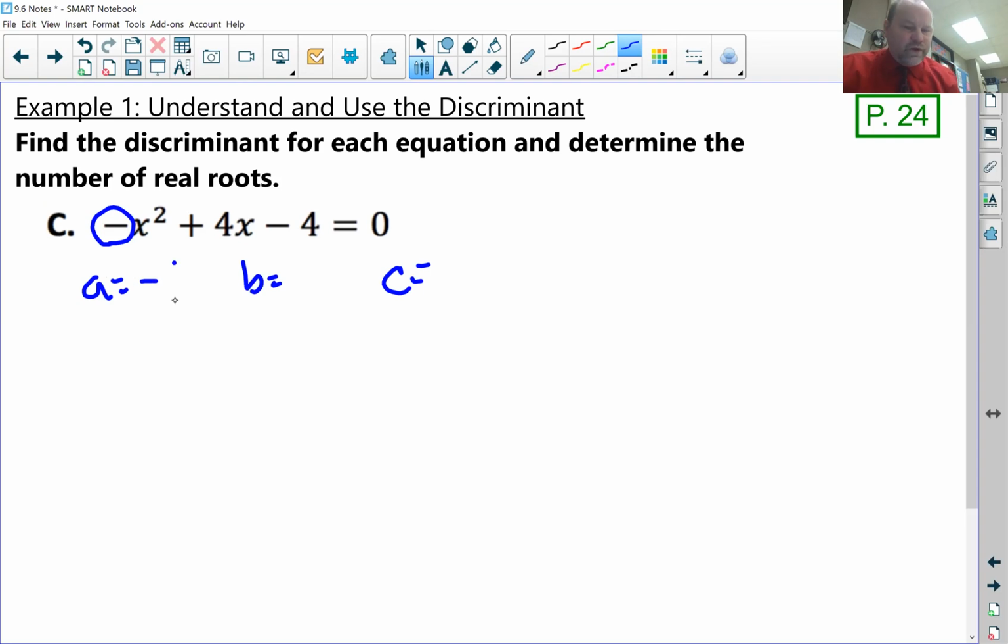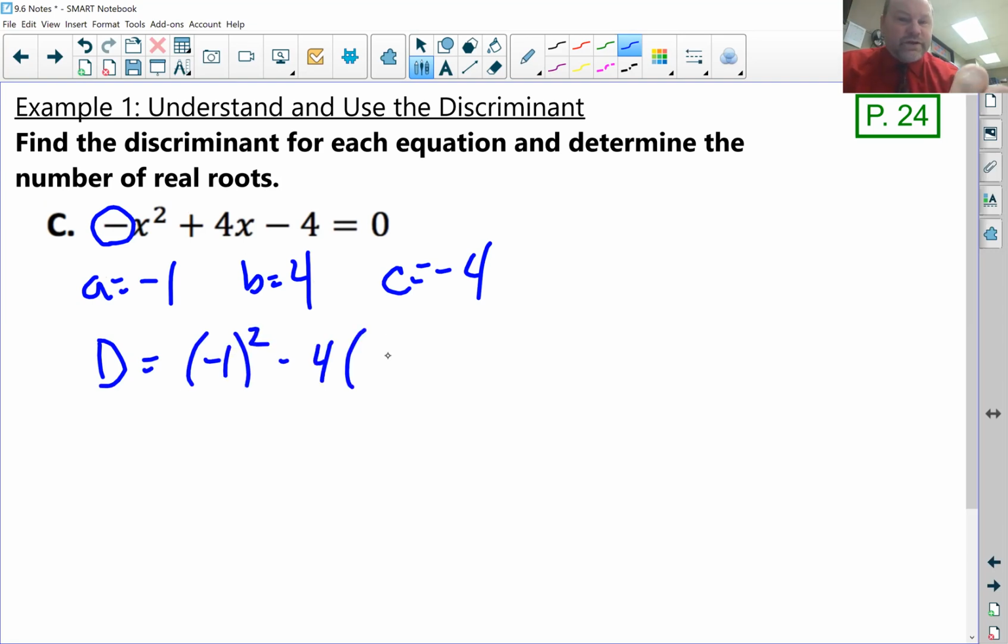A is -1, B is 4, C is -4. So the discriminant, 4 squared minus 4 times -1 times -4.